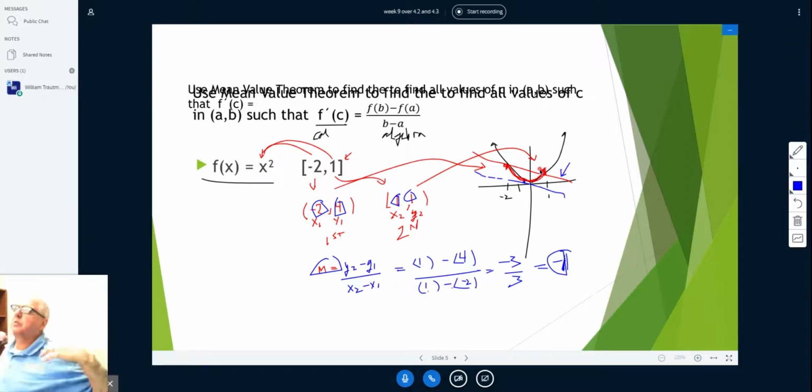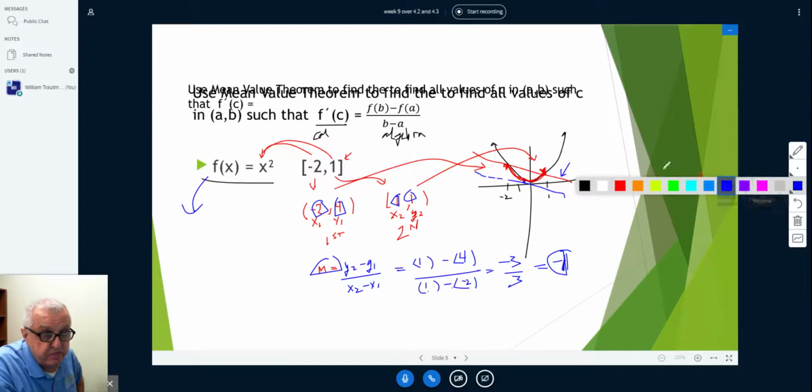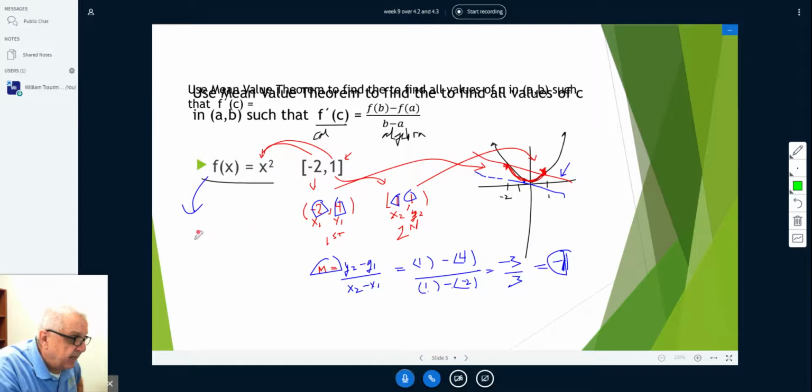So the mean value theorem says find the slope using 2 points, the endpoints. Then somewhere between those endpoints, you can find the same slope using calculus. Well, to use calculus to find the slope of this, we have to take the derivative. And the derivative of x squared is 2x.